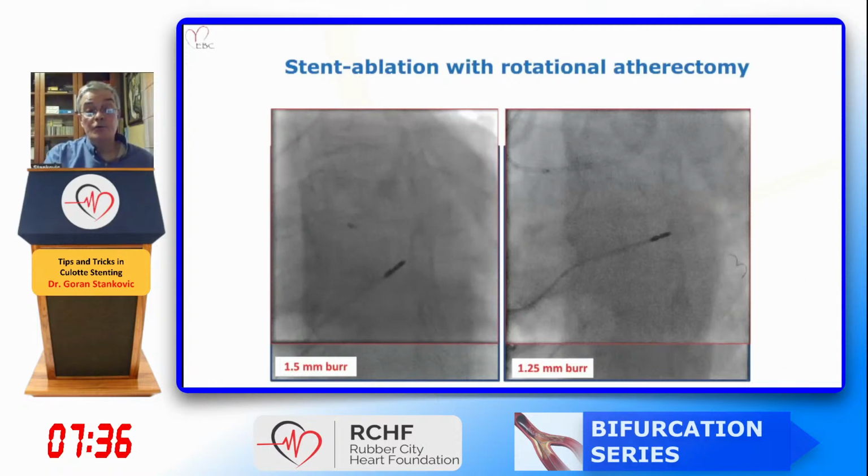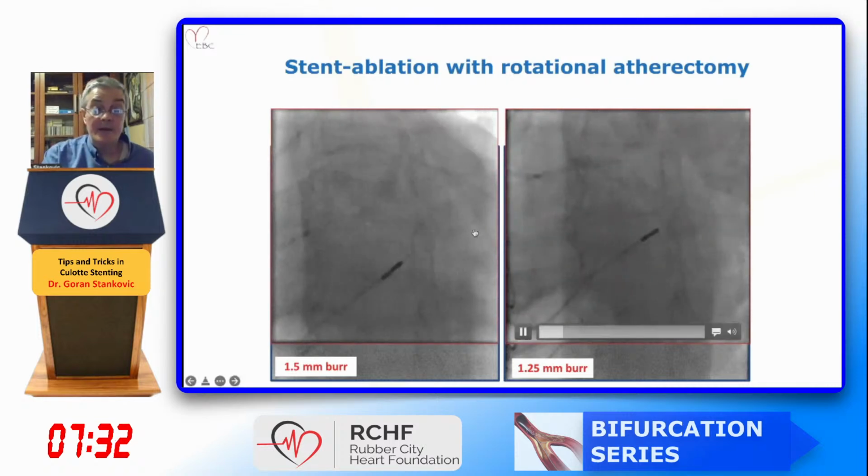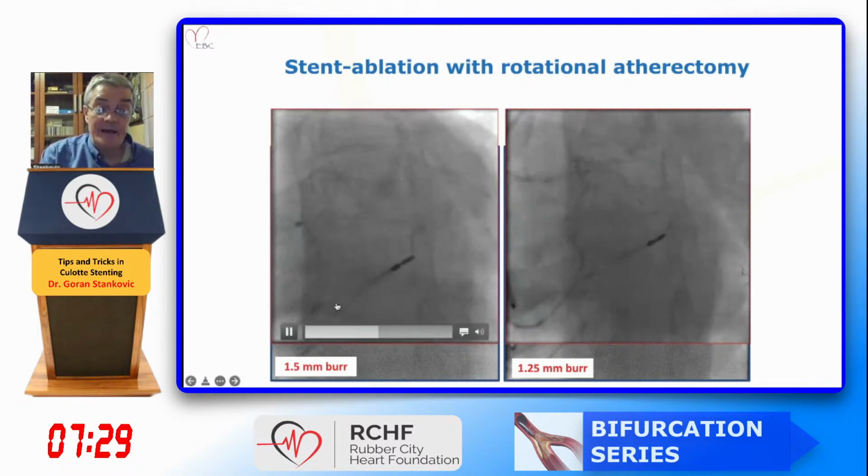So idea was to start with stent ablation with rotational atherectomy. You see first 1.5 millimeter burr, couldn't cross, actually pushed everything out.